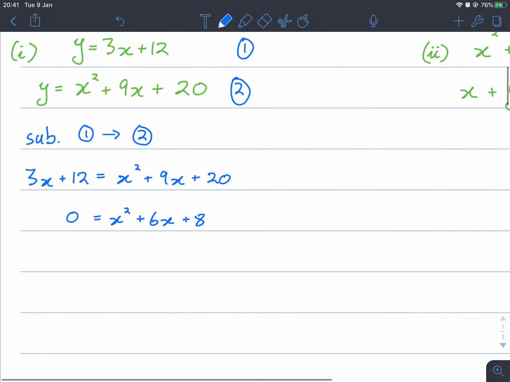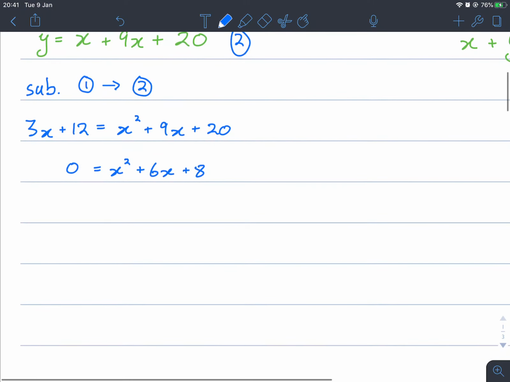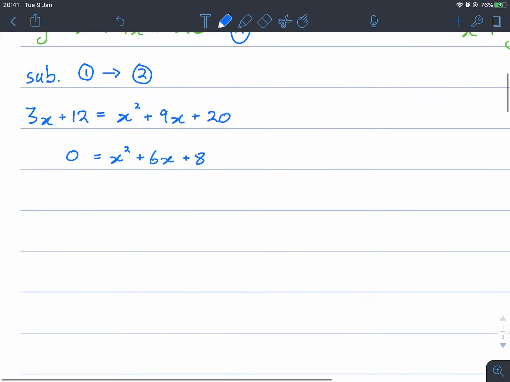So now we're going to solve this by factoring, or whichever method that you would like. For this, I'm going to solve this equation by factoring. So we need two numbers that multiply to 8 but add to 6. Okay, so the factors of this are going to be x plus 2 and x plus 4.